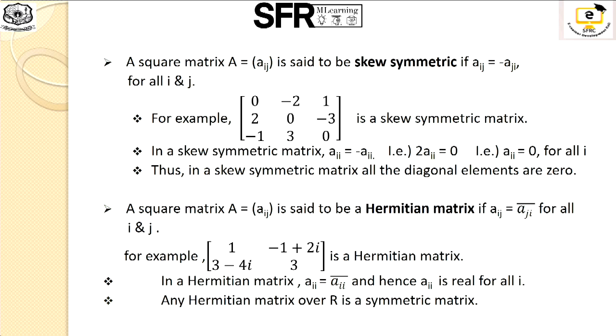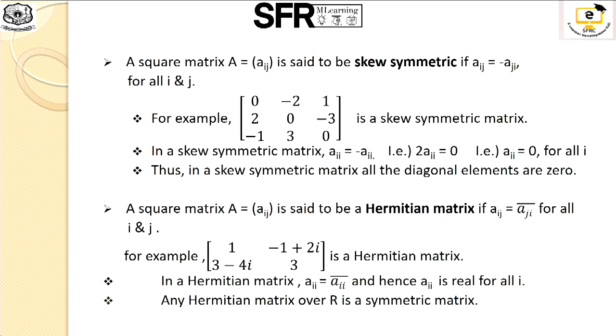In a Hermitian matrix, Aii equal to Aii the whole bar, so Aii should be a real number. The diagonal entries are always real entries. And the next one is, suppose in a Hermitian matrix all the entries are real, it will become a symmetric matrix. And next one is a skew Hermitian matrix.